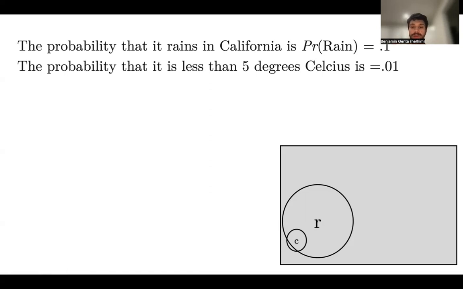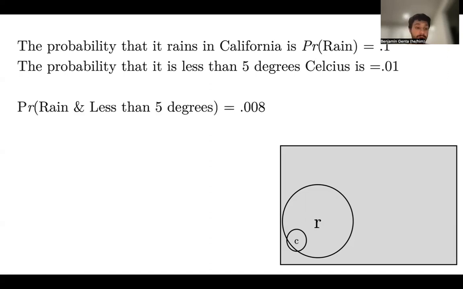So here I put the statement that it's less than 5 degrees Celsius as the circle C, which is mostly in R, but you see that there's a little part that leaves. And suppose you also know that the probability that it rains and that it's less than 5 degrees is like 0.8%.